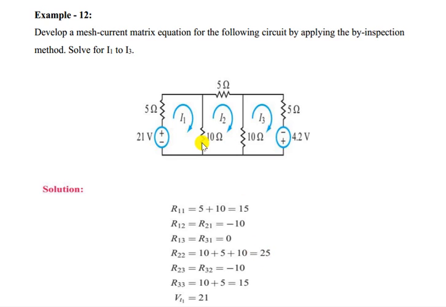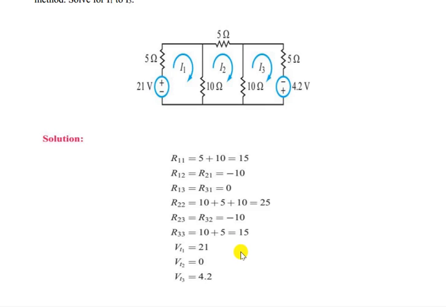R12, 10 is the common with negative sign. R23 minus 10, and R21 is also minus 10. R12 is minus 10, R21 also minus 10, R23 also minus 10. Now R33 is 10 plus 15, okay, and here voltage is 21 volt. Here there is no voltage, so 0, and here the voltage is 4.2 volt.